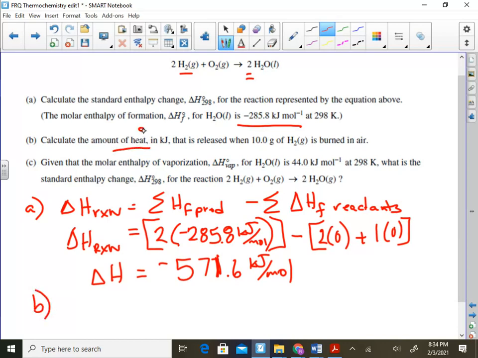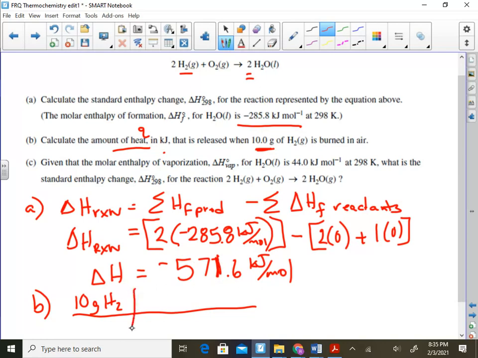find the heat. So we're finding Q that is released when you burn 10 grams. And so if I'm given 10 grams and I know the delta H of reaction, I can set that up as a dimensional analysis problem. So if I have 10 grams of H2, and I'm going to know how much heat is released, if I know how many moles I have, I can figure out the moles per reaction.